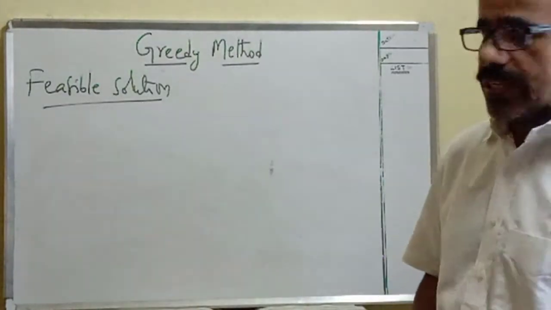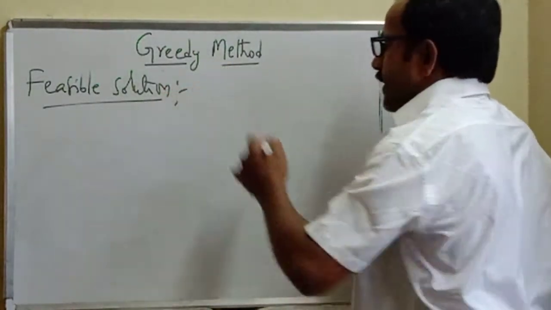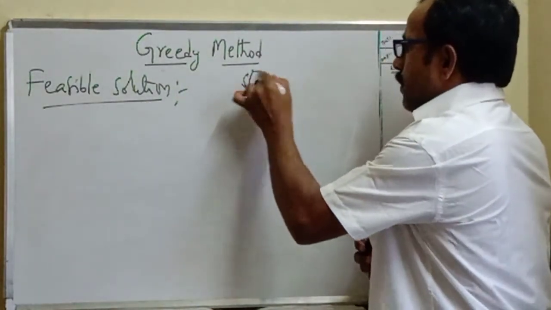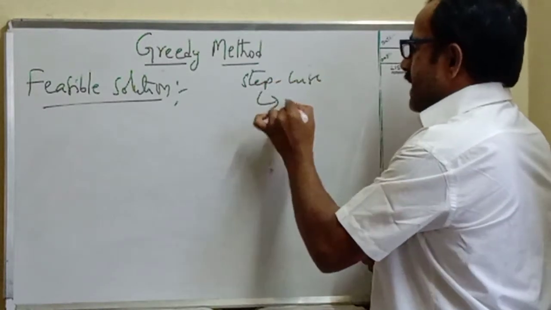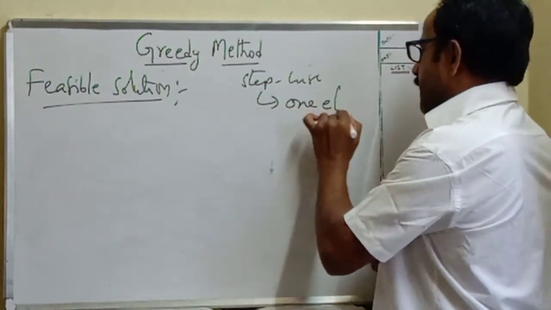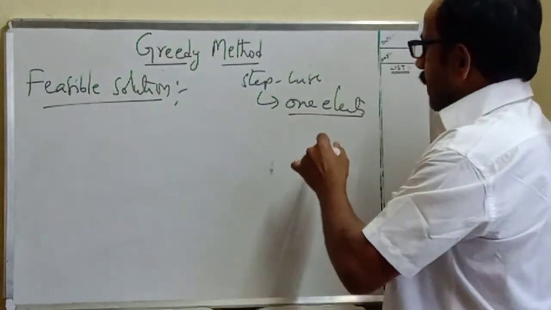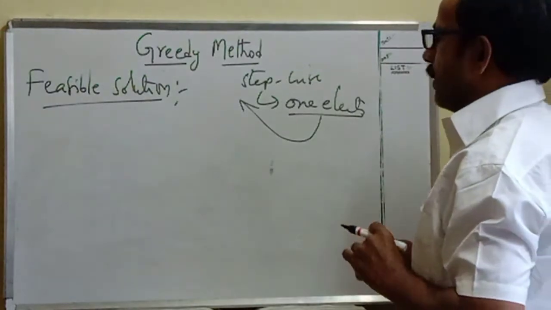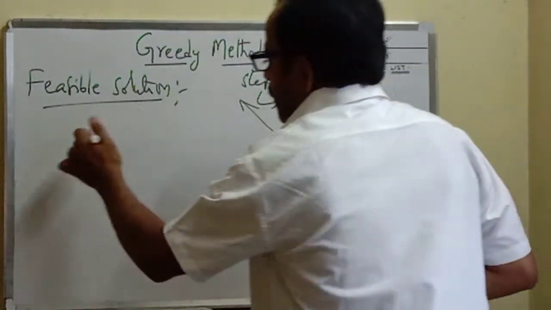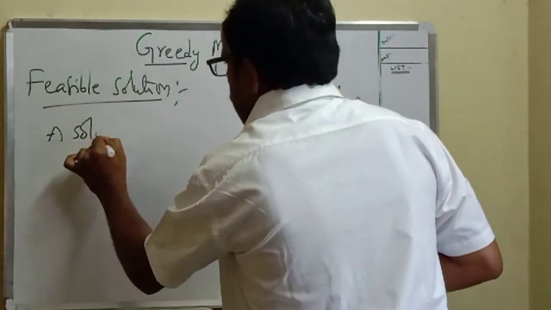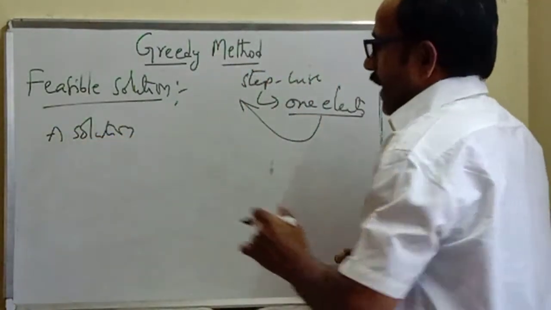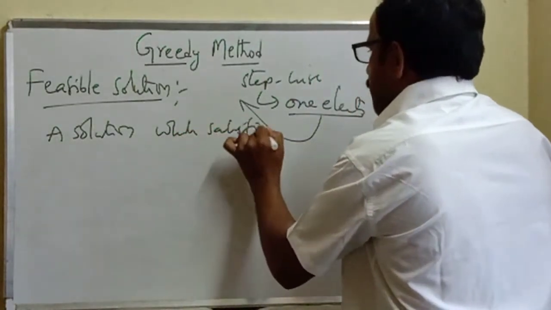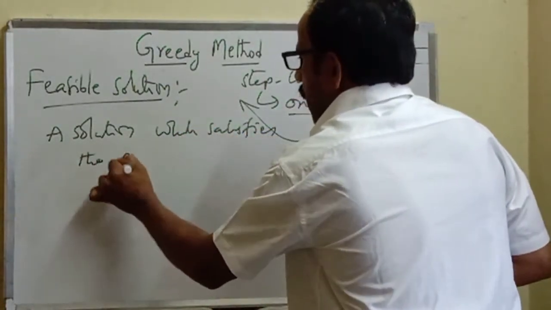What is a feasible solution? Because the greedy method approaches the problem stepwise, or stage wise, at each stage we select one element. We verify whether including this element leads to a feasible solution or not. So what do we mean by feasible solution? Any solution, because here solutions are subsets, which satisfies the given constraints, because every problem has its own constraints.